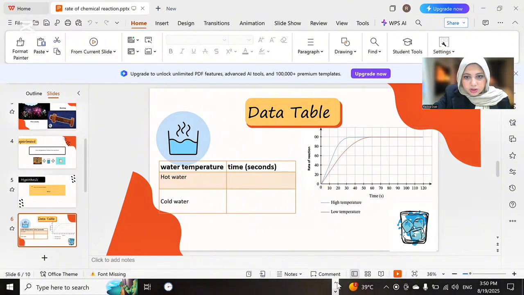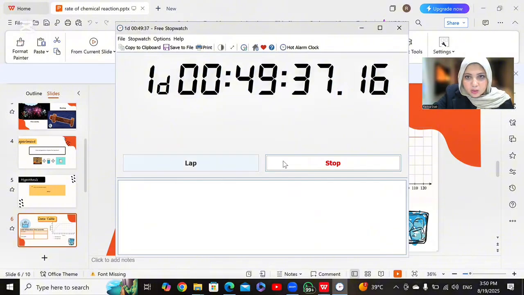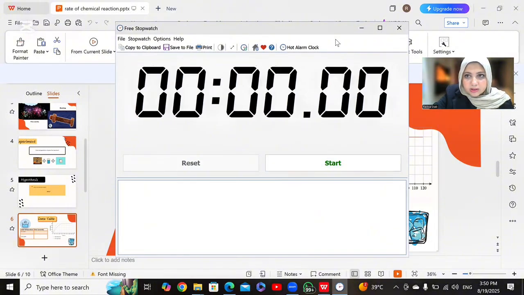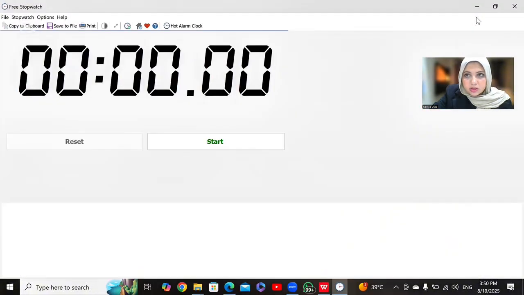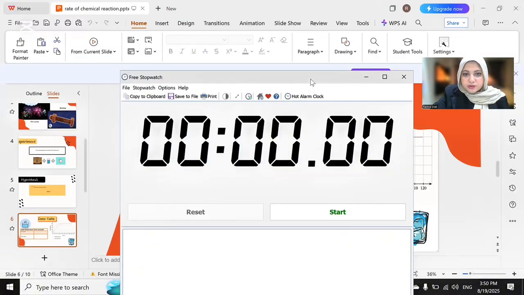We're going to use the data table to fill in the blanks. What I mean is that we have to measure the time taken by each tablet to dissolve completely in water, and we have to record our findings here.